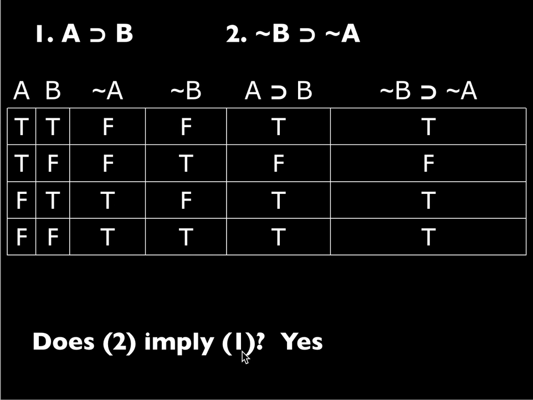And if there aren't any counterexample rows, then all of the implications hold. There's not going to be a counterexample to 1 implies 2, and there's not going to be a counterexample to 2 implies 1. So the answer is yes. If you know that two statements are equivalent, then you can tell, just on the basis of that information alone, that 1 implies 2 and 2 implies 1.